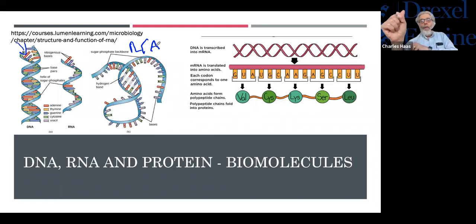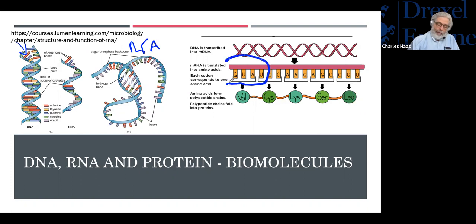Once the RNA is transcribed, then the RNA can be read by organisms into a code. Every 3 adjacent bases on an RNA corresponds to an amino acid.